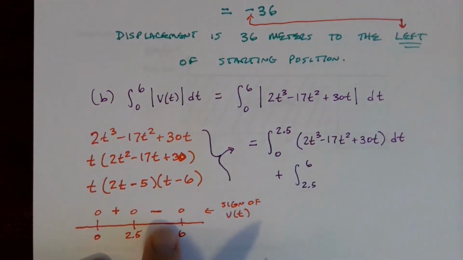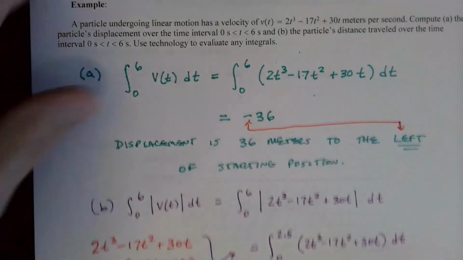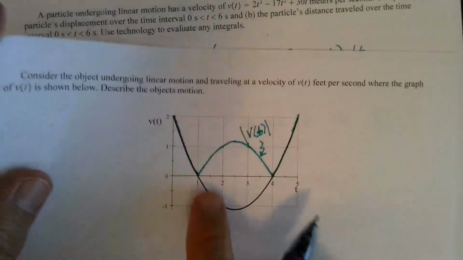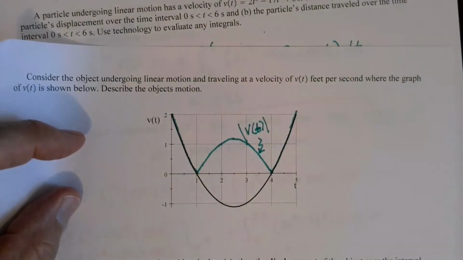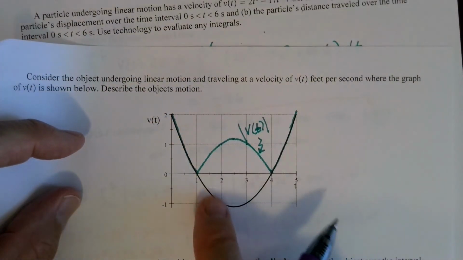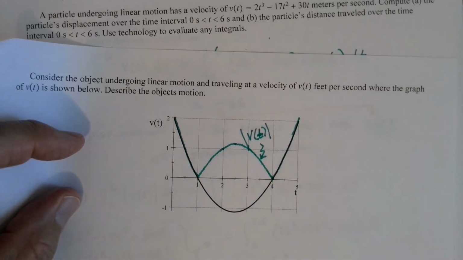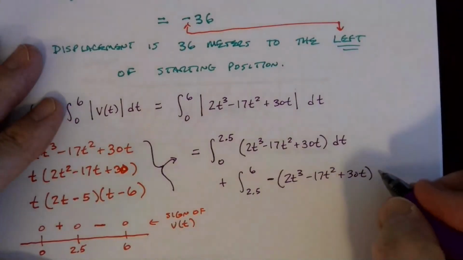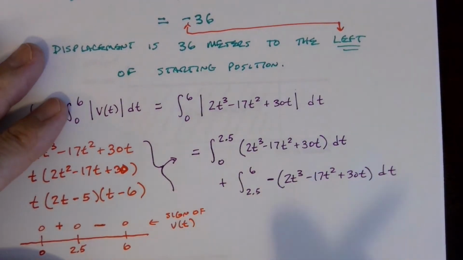Since it's negative, what do we have to do? Remember the idea that we had to take the absolute value, and what did that do? That negative portion got flipped up to the top. And so what's another way of flipping that up to the top? Multiplying by negative 1. So negative times 2t cubed minus 17t squared plus 30t, which basically changes the sign of all those, multiplied by negative there.